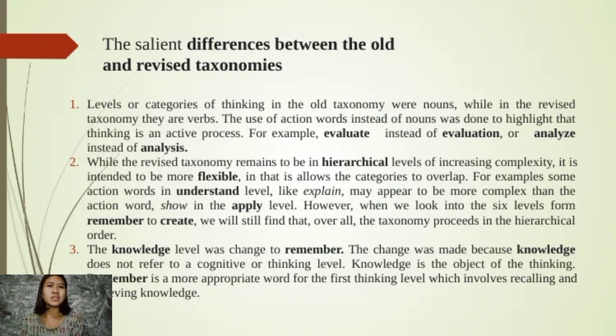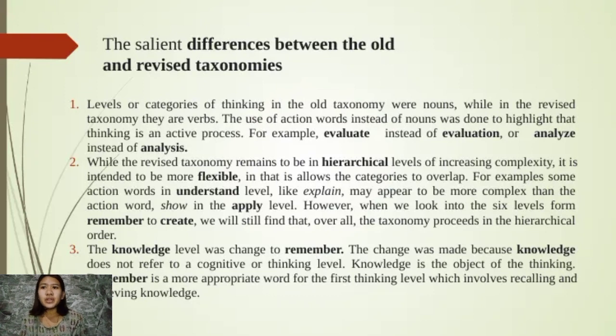For example, some action words in the understand level, like explain, may appear to be more complex than the action word show in the apply level. However, when we look into the six levels from remember to create, we will still find that overall, the taxonomy proceeds in hierarchical order.